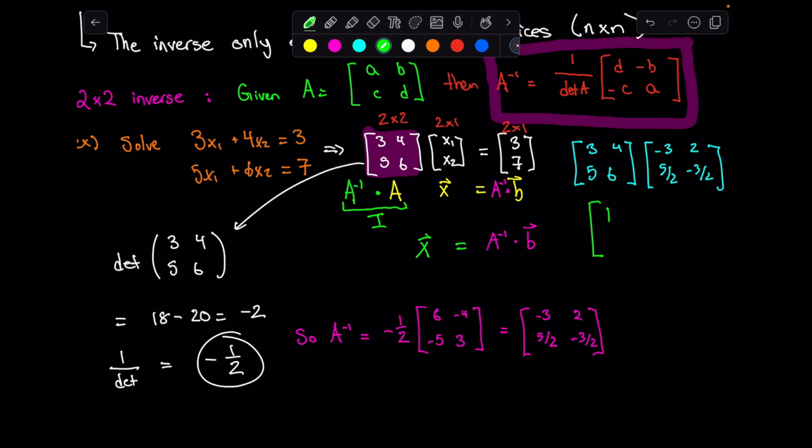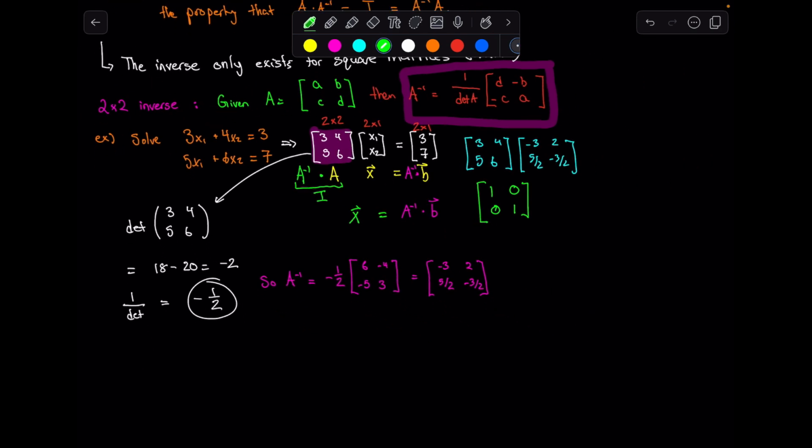Then the next up, we have the first row, second column, so we get 6 for the first one, and then 4 times negative 3 halves is a negative 6, so that's 0. 5 times negative 3 is negative 15. 6 times 5 halves is 30 over 2, which is positive 15, so we get a 0. And last but not least, we're going to get 5 times 2 is 10. And then 6 times negative 3 over 2 is negative 18 over 2, which is a negative 9. And last time I checked, 10 minus 9 is 1. So it looks like this is promising.